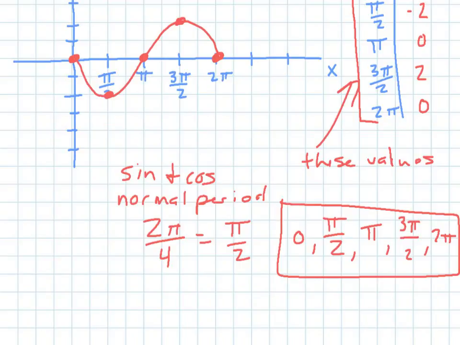Like I don't use 0, pi over 6, pi over 4, pi over 3, and then pi over 2, because that would only get like a little bit of the picture, and you really wouldn't know, just from looking at that, how to get to the next stuff. So this makes it easy to get easy numbers and a good picture of your sine and cosine, especially at the beginning. Okay, but that's kind of how I got those numbers.